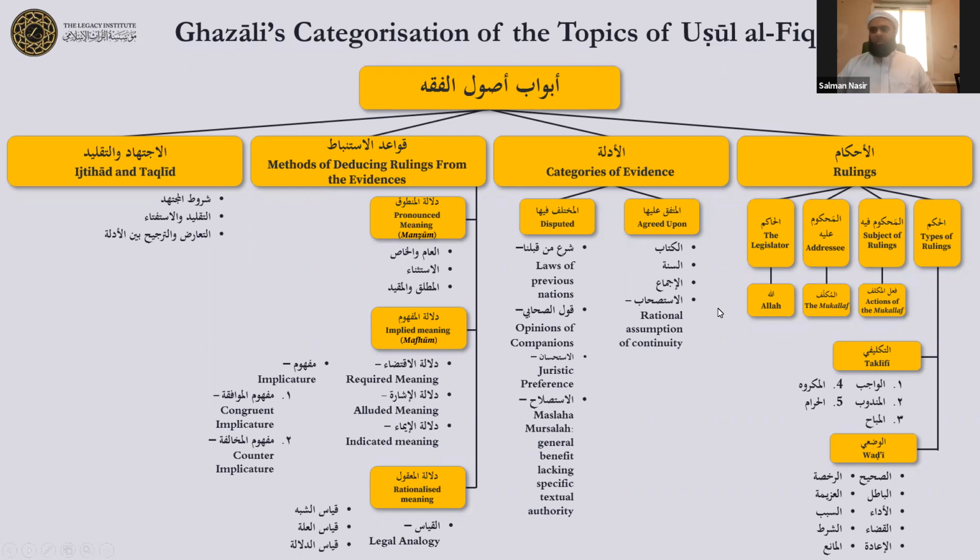Today we want to take a closer look, particularly at the topic of categories of evidence, or adilla. And adilla is the plural of dalil, dalil meaning evidence.